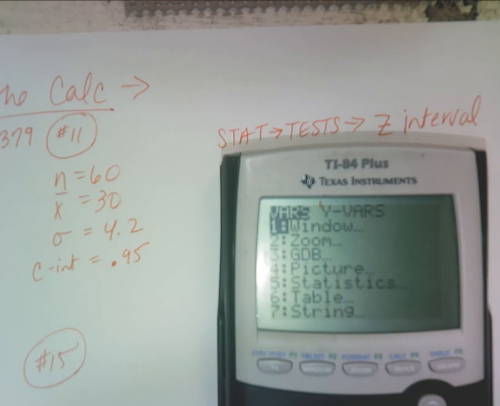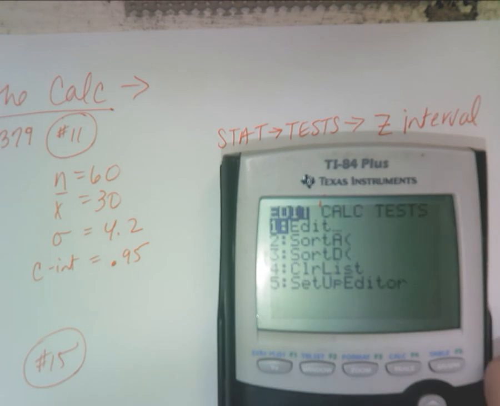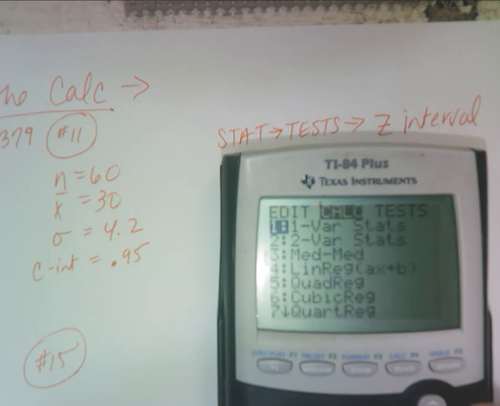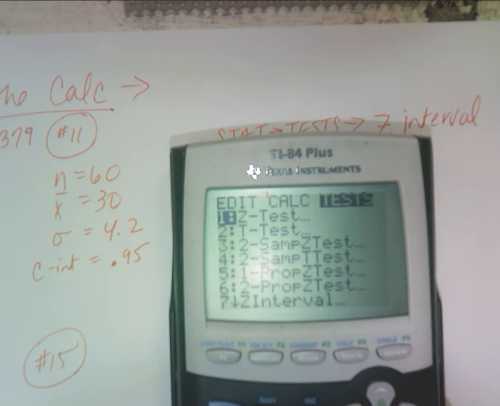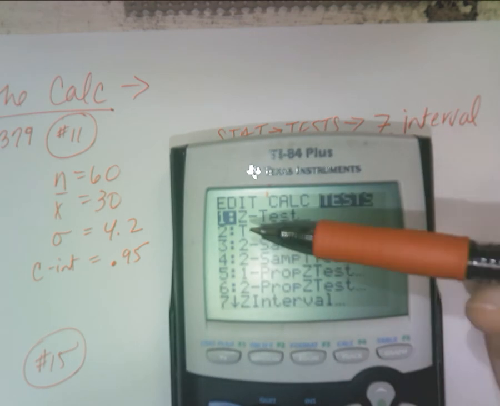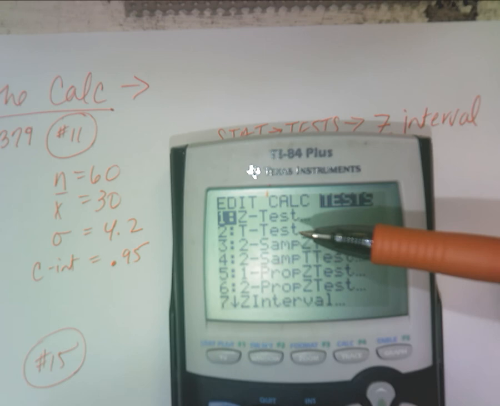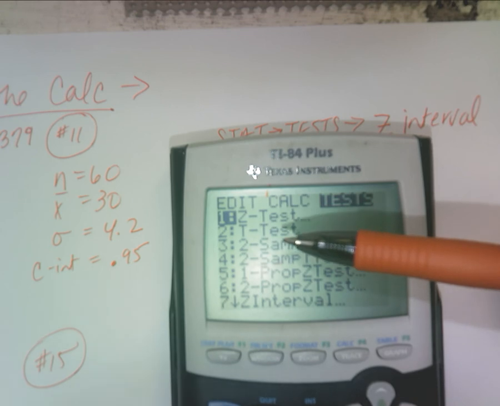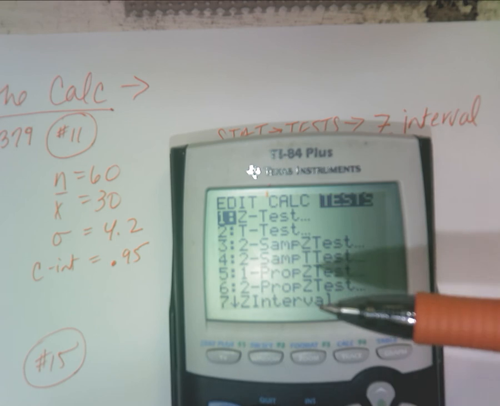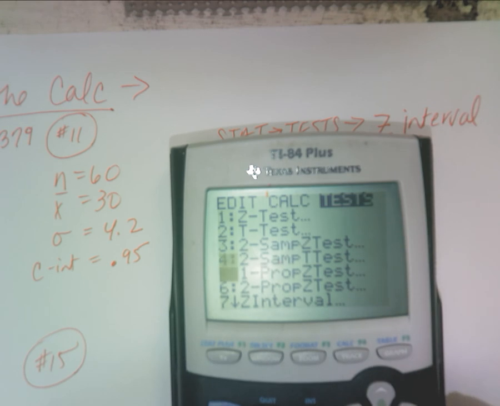Go to Stat. Go over to where it says Test. Do you see how it says Z-test? Don't pick that one. We are going to pick it later on, though. Do you see where it says 2 sample Z-test? Don't pick that one. Go down to where it says Z-interval. Y'all there? Yes, ma'am.